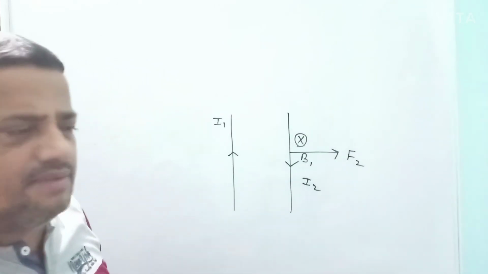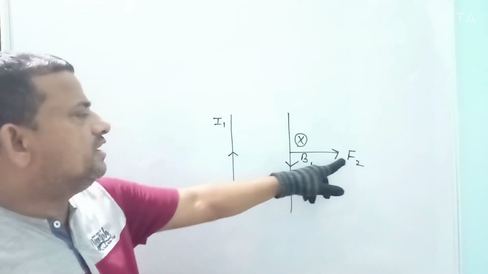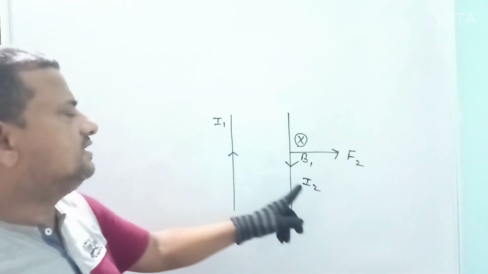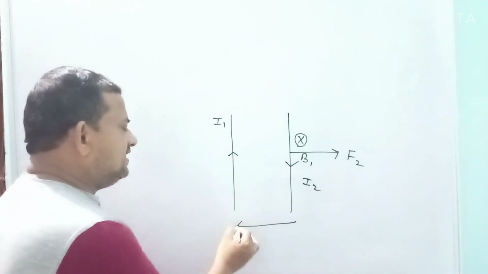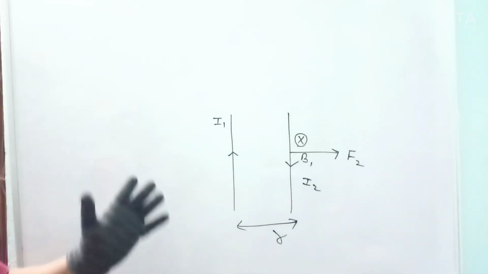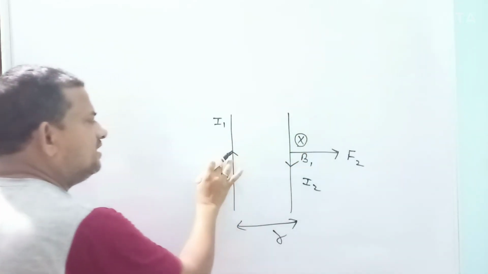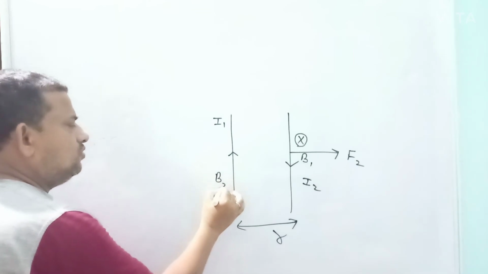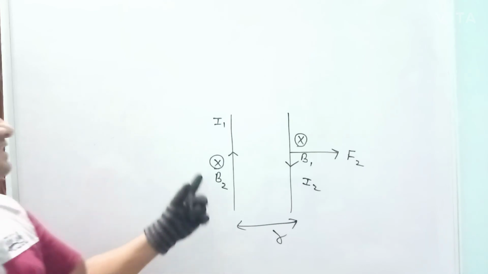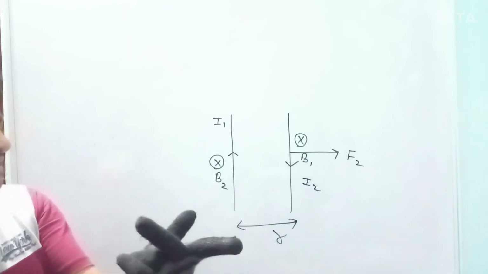Students, magnitudes are the same. B1 is the same as the earlier one. Also F2 is the same as the earlier one because this is I1, this is I2, and the distance is also the same. Only direction is different. Otherwise, other things are the same. Similarly, for this current carrying conductor, magnetic field is B2, but in the inward direction. Now in this inward magnetic field, a current carrying conductor I1 is placed.